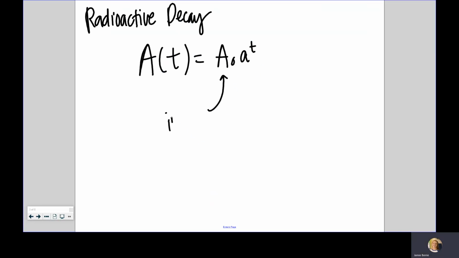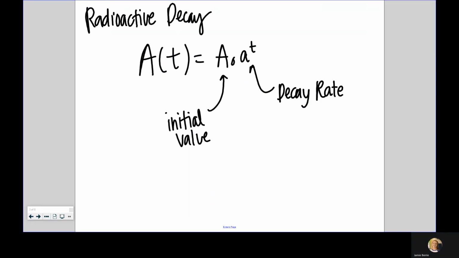All right, so A sub 0 is the initial value of your radioactive substance. And then little a is going to be your decay rate. So a is called your decay rate. a will always be a number between 0 and 1.